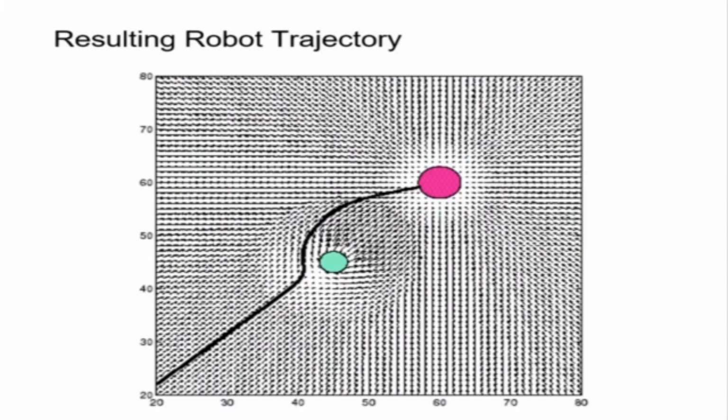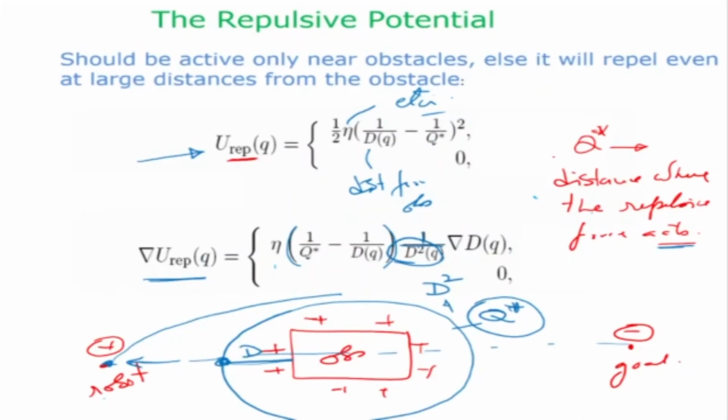Now this is basically a pictorial view of how the whole thing works. We have an obstacle, a goal, and the robot is somewhere here. Suppose my zone of influence is somewhere here. This Q star is also called the zone of influence.